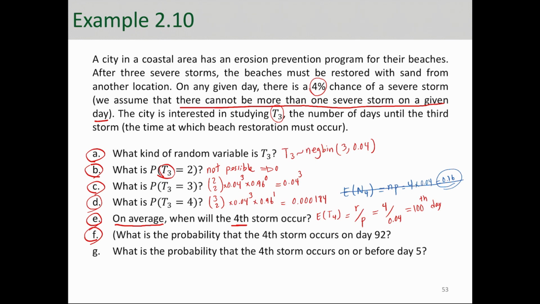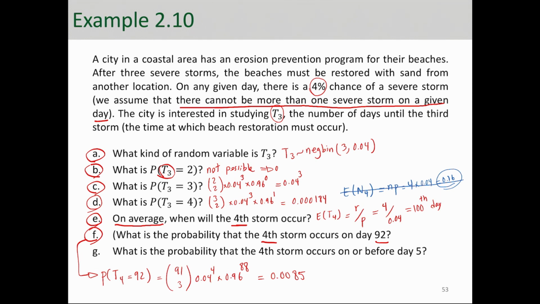Now, part F, what is the probability that the fourth storm occurs on day 92? The fourth storm is T4, and you want to know what's the probability of T4 being equal to 92, getting to our fourth storm on the 92nd day. And if you do the math here, you would see that that is equal to 0.0085.